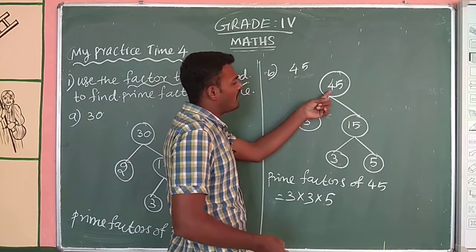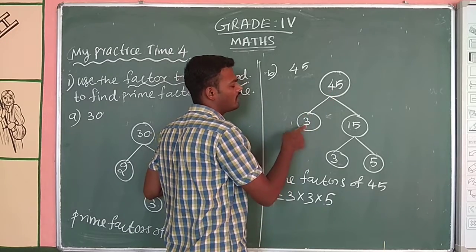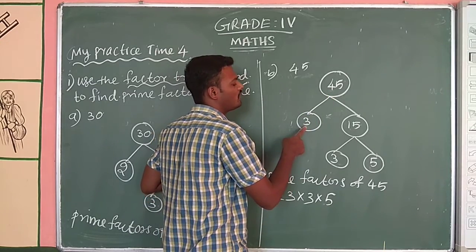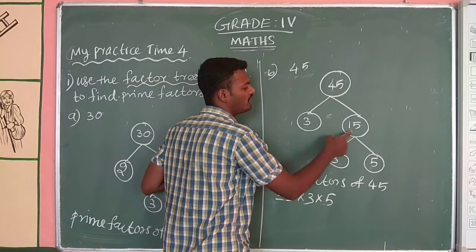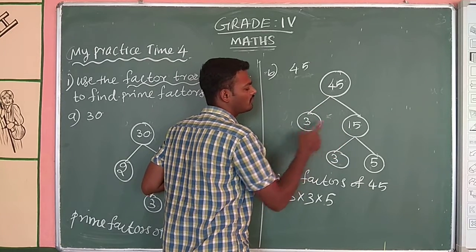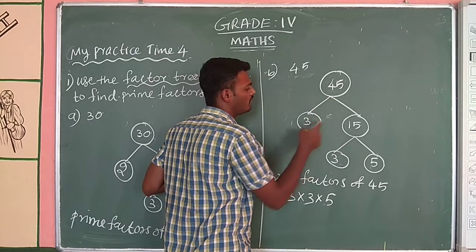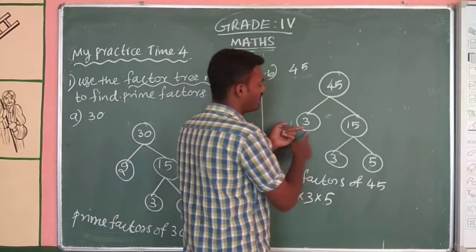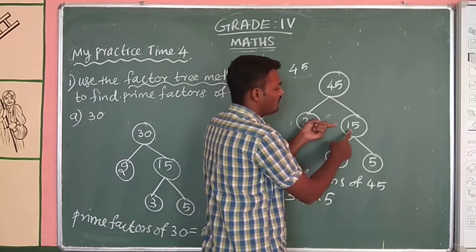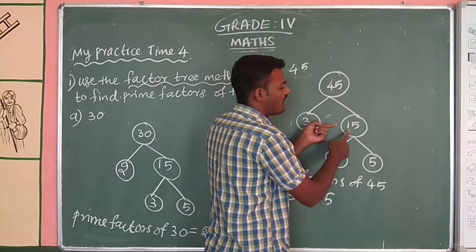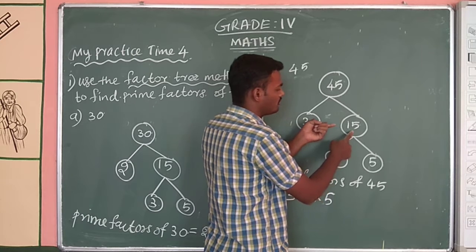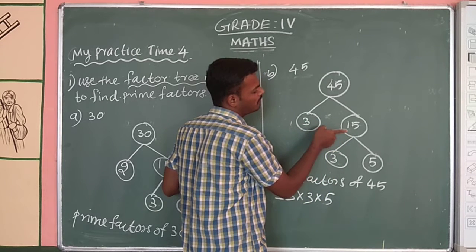So 45 is an odd number, so it cannot come in the second table. Next, third table: 3 15s are 45. So 3 is a prime number, so leave the prime number. Next one, 15 splits in two parts. 15 is an odd number, so it does not come in the second table.